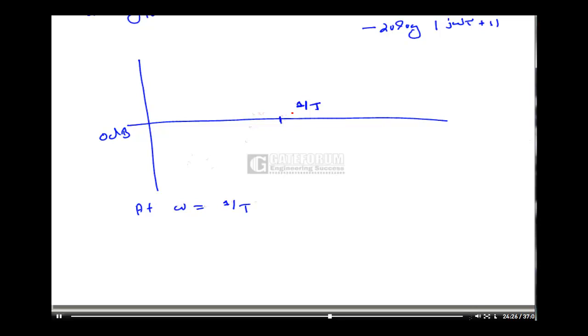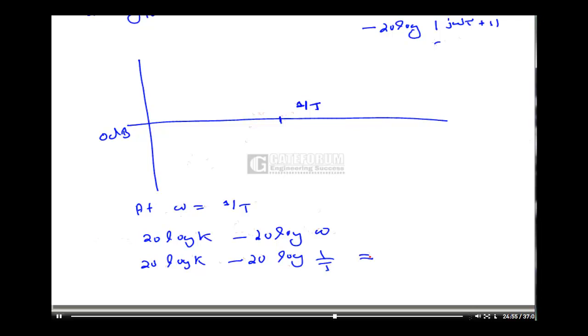Okay, since T value is also not known. At omega equal to 1 by T, I have two terms, 20 log K minus 20 log of omega. I can ignore the other term for the time being. So omega will be 1 by T. So this is 20 log K minus 20 log of 1 by T. Okay, so this will become 20 log of KT.